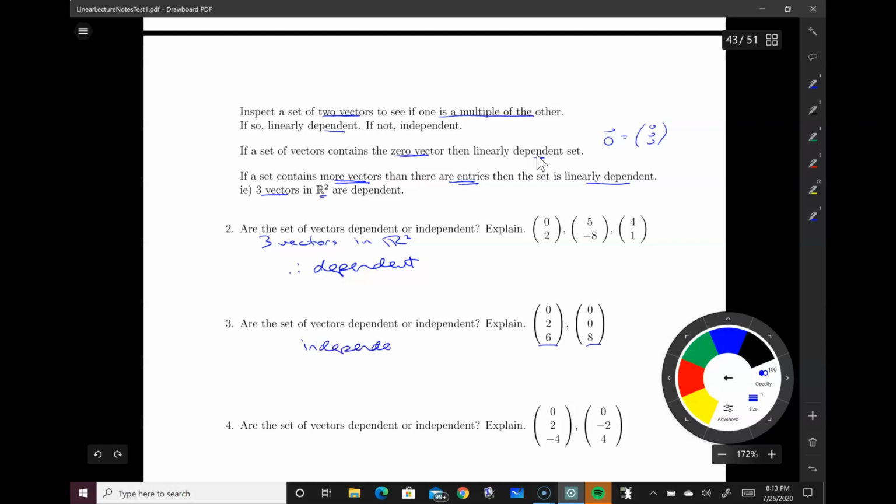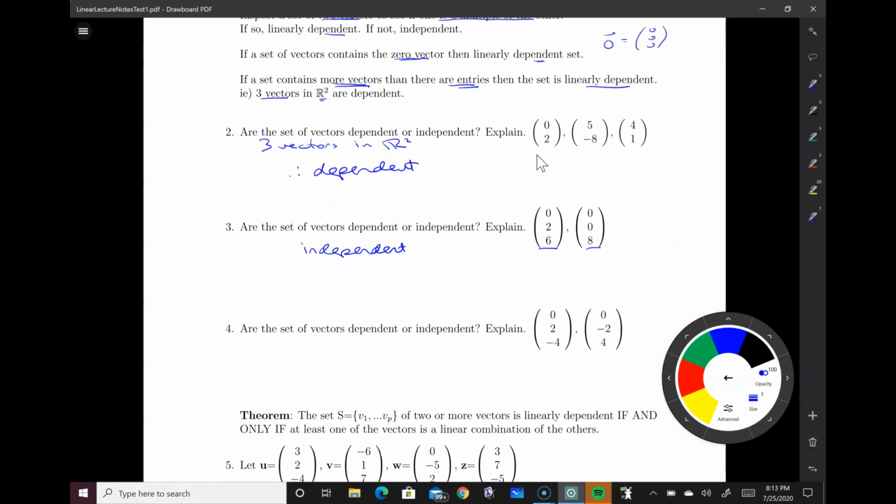So if there's just a couple of vectors, we can use this process of elimination to find out whether they're dependent or independent. Looking at these 2 vectors, neither one is the 0 vector. There's only 2 vectors and they're in R3, but I notice they are multiples of each other.